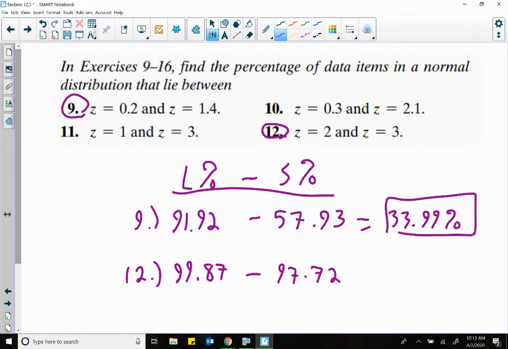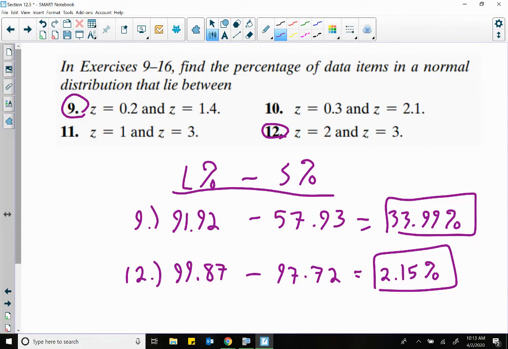Go to your calculator, 99.87 minus 97.72, and there is 2.15% between that. There you go. That's the idea in here.